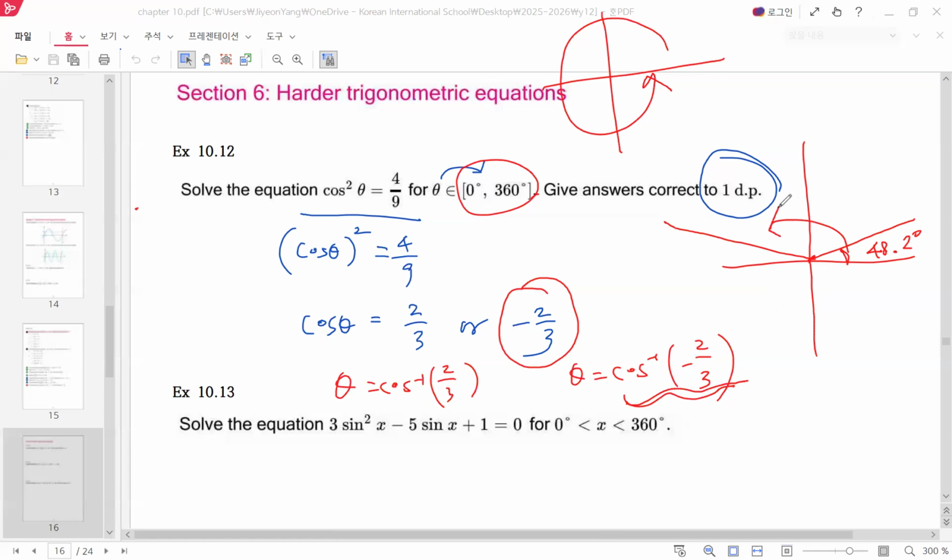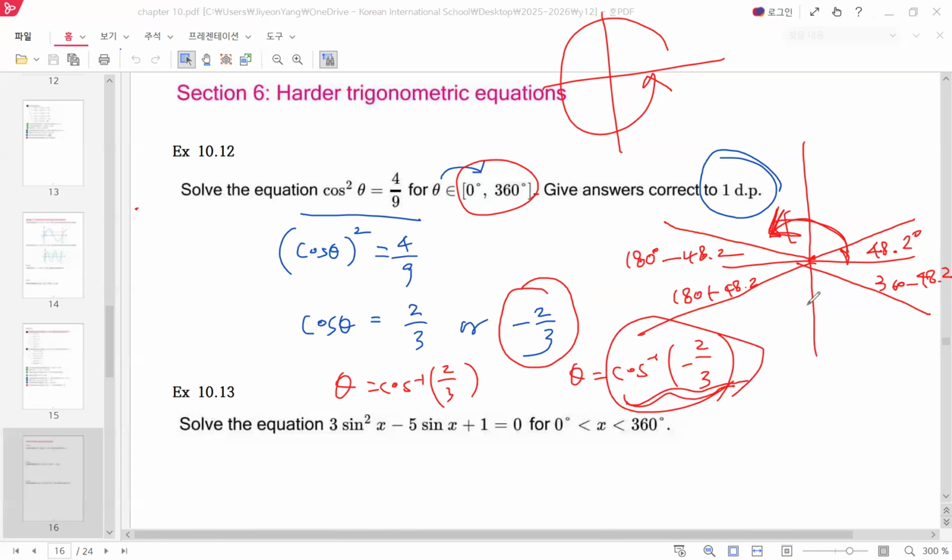Can you see that? Do you understand? This one is going to be 180 plus or minus 48.2. This one is going to be 180 plus 48.2. This one is going to be 360 minus 48.2. Okay.